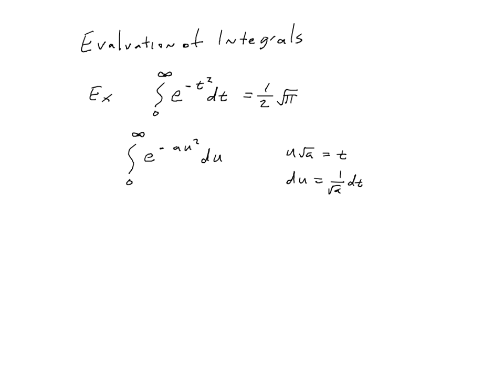And so if you do that, then you can plug this into this equation, and you can see that this equation should read like the integral from 0 to infinity of e to the minus t squared times 1 over square root of a dt, which is basically just the same equation here, but with a 1 over square root of a, and that is then going to be equal to 1/2 square root of pi over a.